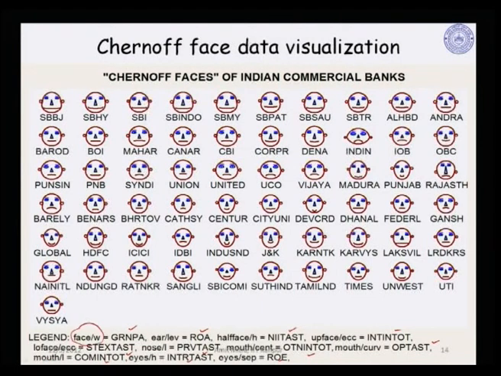Say face width is associated with the gross non-performing assets, and so on. All these are mentioned here. For example, the mouth curvature is associated with a variable that tells us about the health of that particular commercial bank, the operating profit to total assets ratio, and this is what we get as the visualization of the multivariate data.